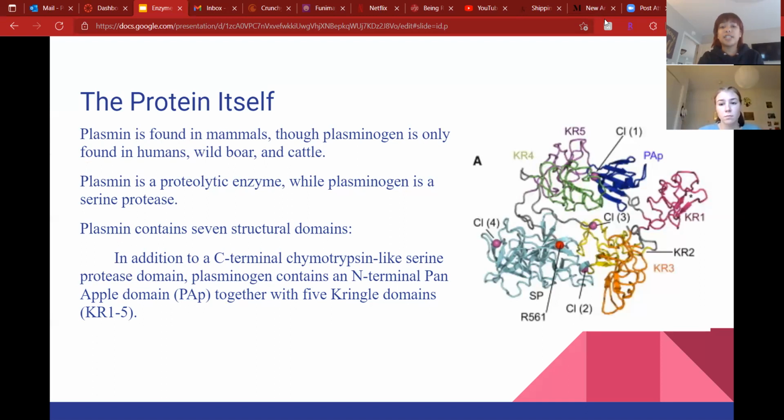Basically, a proteolytic enzyme is a substance that causes the breakdown of proteins. A serine protease is an enzyme that cleaves peptide bonds. The serine protease domain and the PAP domain contain important determinants for maintaining plasminogen structure, specifically in the closed form. And the Kringle domains are responsible for binding to lysine residues present in receptors and substrates.